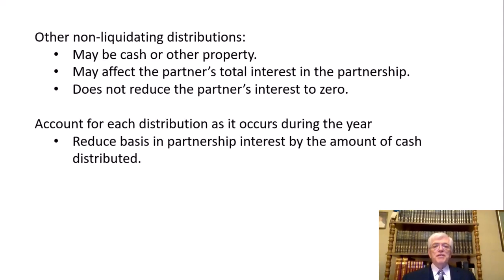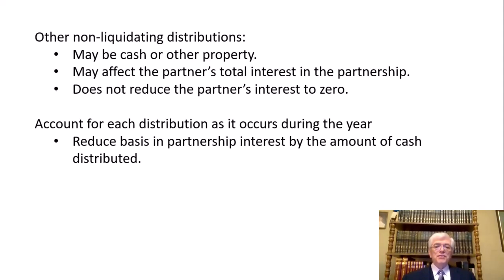Reduce the basis in the partnership interest by the amount of cash distributed. No wiggle room there because the basis of cash is always the amount of the cash. Those are the two immutable rules of basis, that no basis of any asset can be less than zero, and basis of cash is always the amount of the cash.